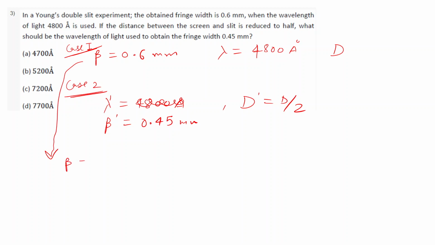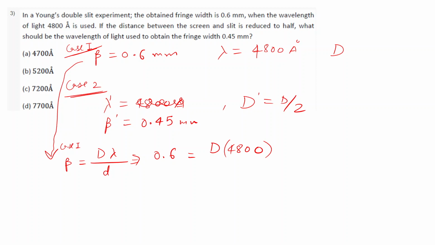We know the fringe width is given by this formula. For case 1, when I apply this, I get beta is 0.6 millimeter, capital D we don't know, lambda we know, and this is in angstrom. My answers are also in angstrom.